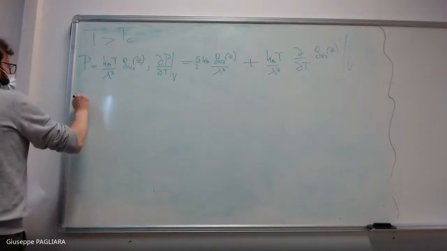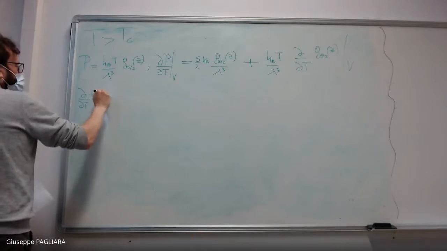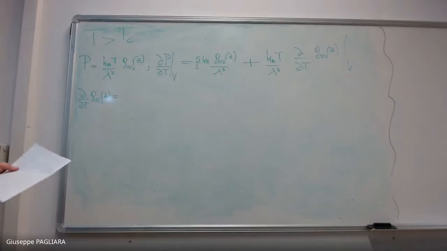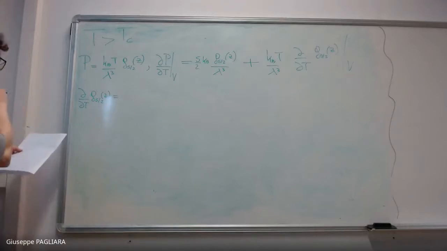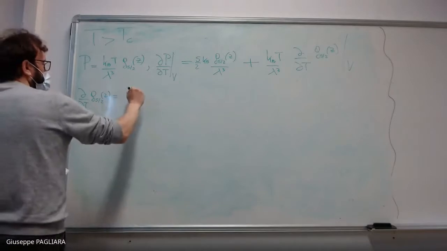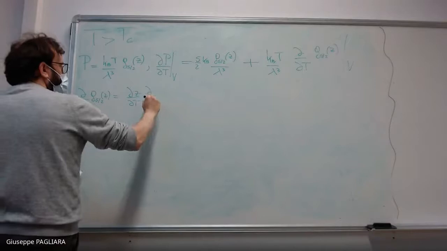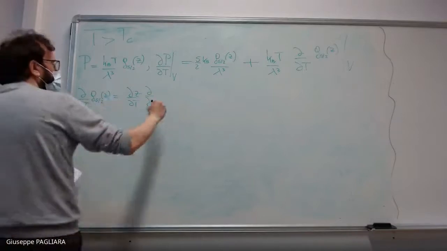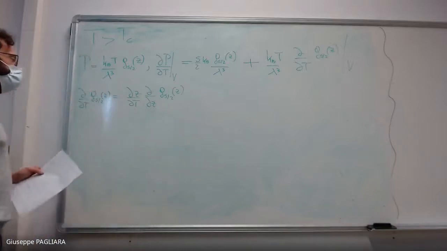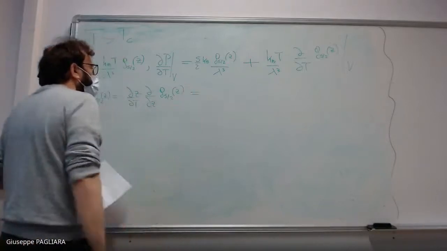So the derivative with respect to temperature of the g_{5/2} of z. Let's compute this derivative by using the chain rule as follows: the derivative of z with respect to T, times the derivative with respect to z of the g_{5/2}.